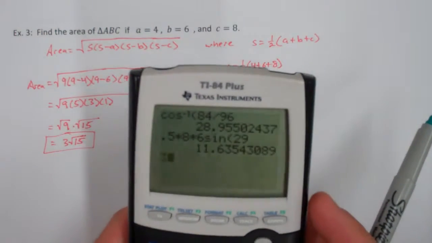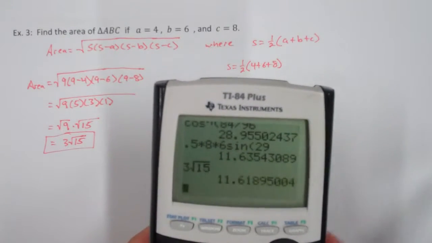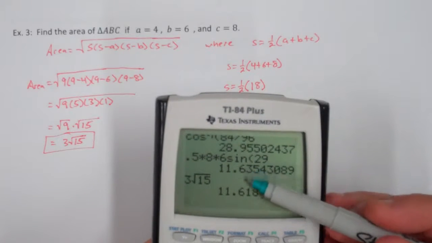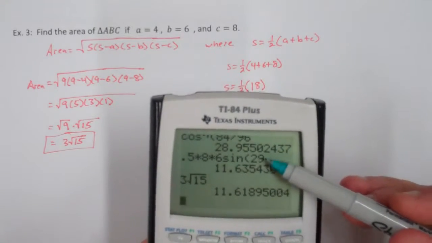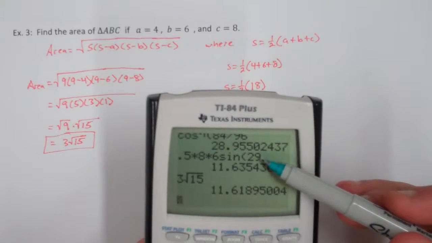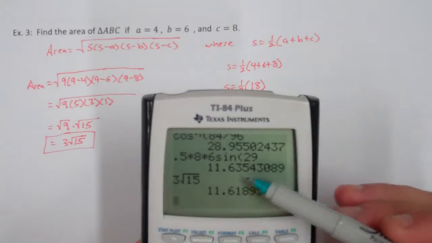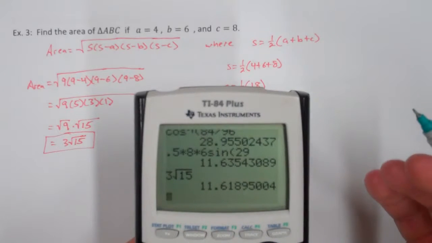Well, boys and girls, the good news is that 3 root 15 is about 11.6. The reason these are just a little bit off is because we rounded that 29 there. Anytime you round in an intermediate calculation, your answer will be off a little bit. When you round, you're going to be losing or gaining some value that wasn't there before.